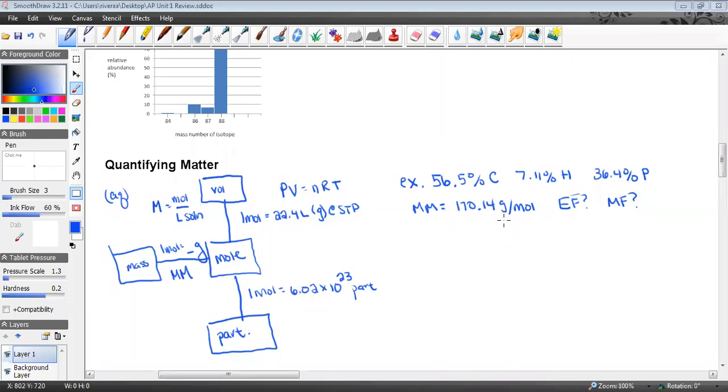And that should be your empirical formula. And in case you've forgotten your molecular to empirical formula equation, the molecular formula is some whole number times the empirical formula. And that whole number you get by dividing the mass of the molecular formula by the molar mass of the empirical formula.